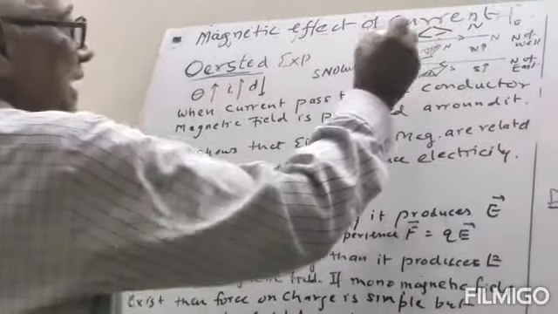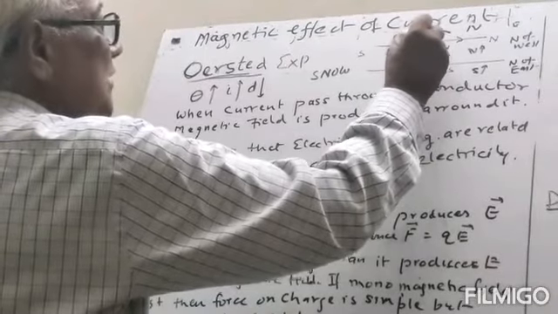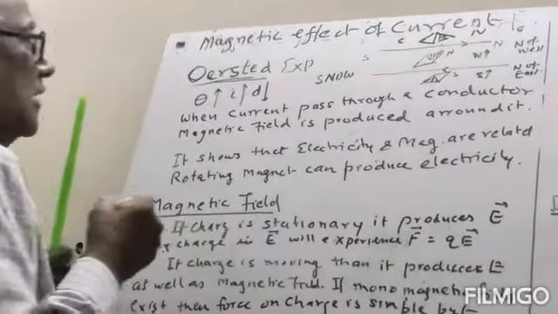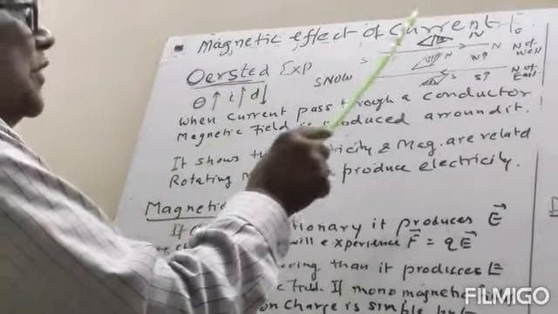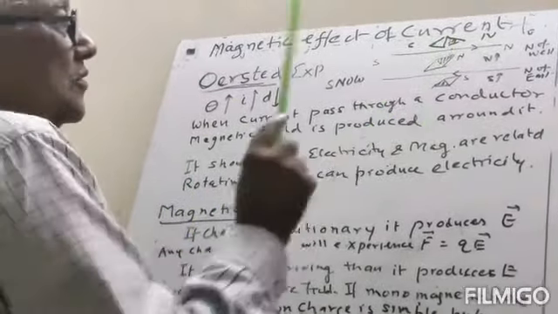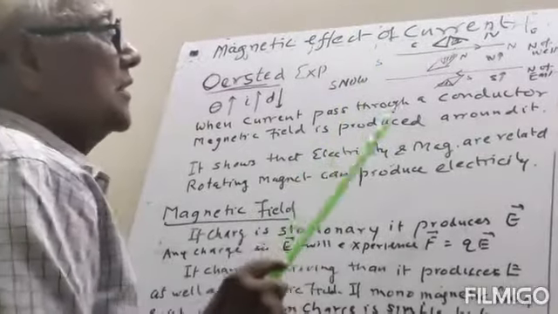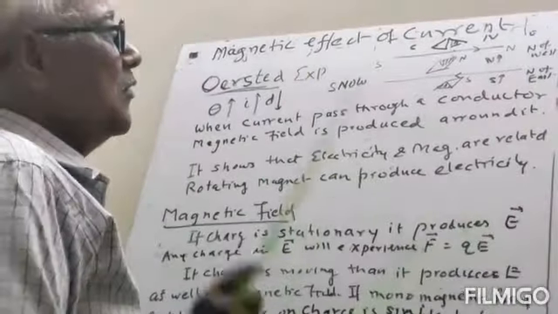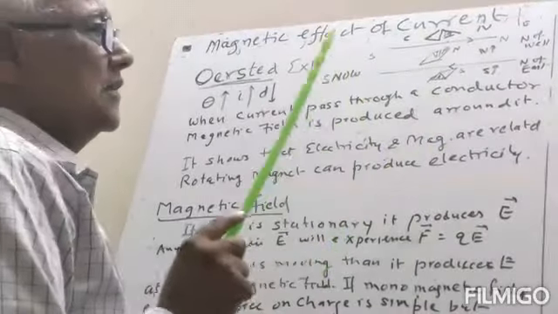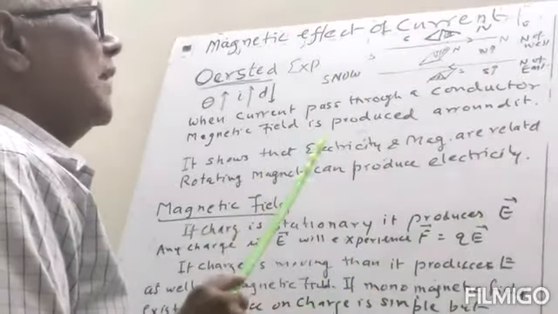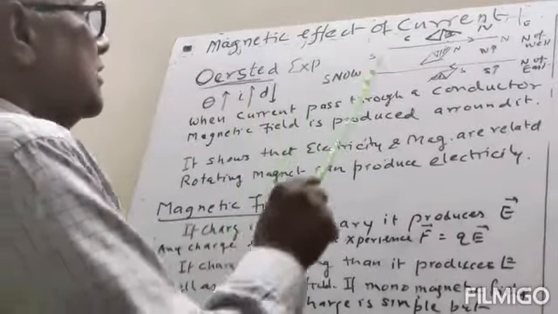So it will rest in the north direction. This is the north pole of the magnetic needle and this is the south pole. So when no current is flowing or there is no wire, then the magnetic needle will only show the magnetic north pole and magnetic south pole.